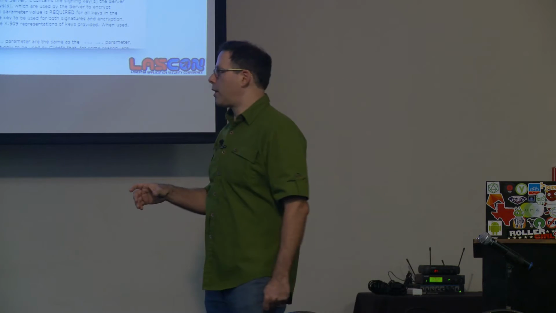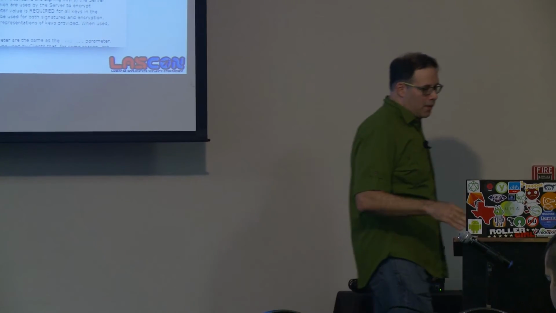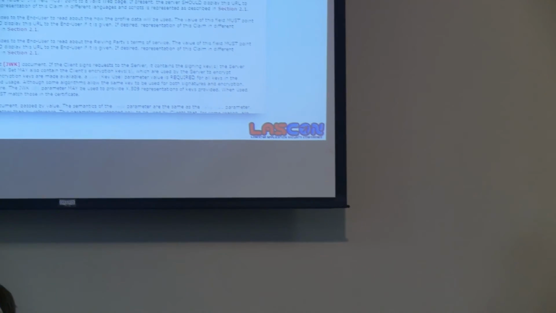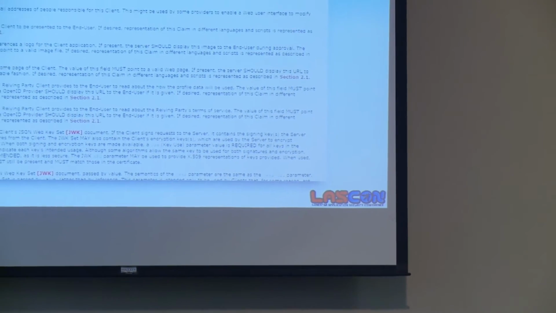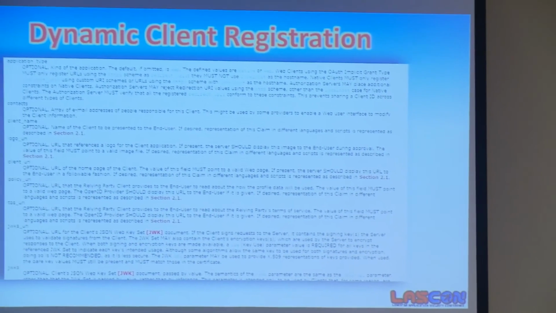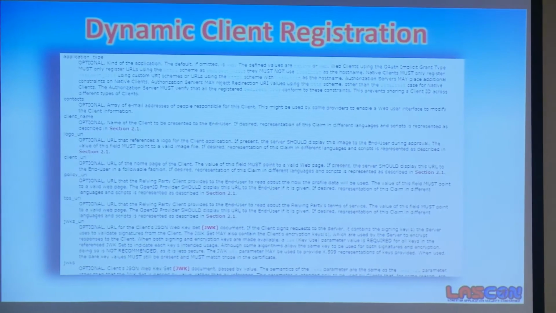Your client during registration can register its public key, and then during client authentication there's a challenge response, so you can prove ownership of the corresponding key that you registered. And this client registration is really useful for other protocols. In fact, we use it in the next protocol too.